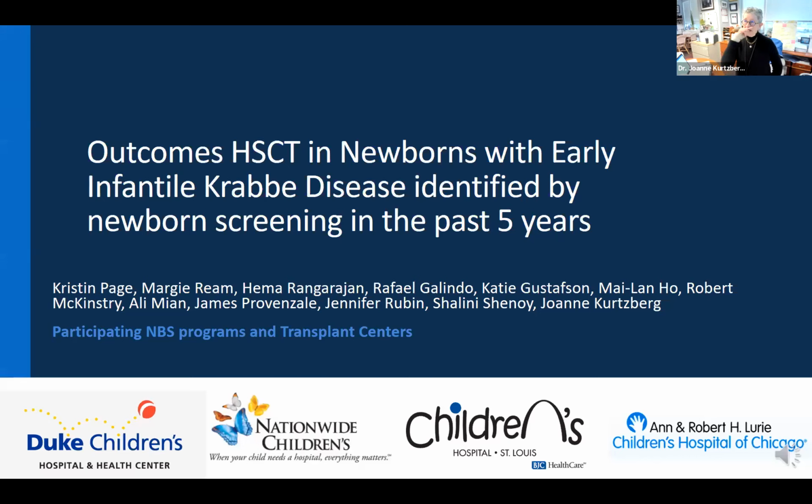We then went to look at outcomes of early transplant in babies identified through newborn screening, and this was a collaborative study that was published in Blood Advances in 2021, and the collaborators were Duke, Nationwide, Children's Hospital of St. Louis, and Lurie Children's.